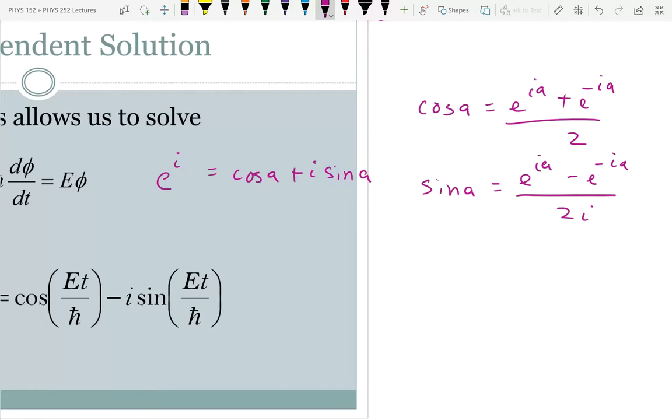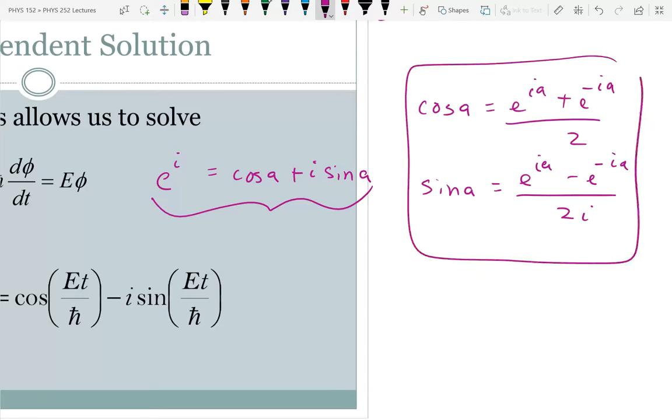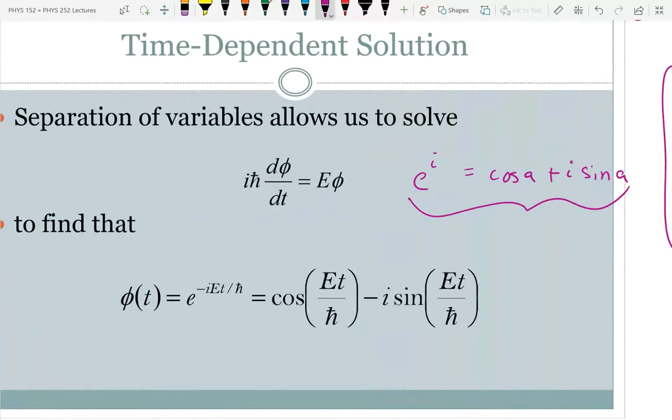Okay, but this is Euler's relation, and if you use Euler's relation in these two definitions, you'll see, oh yes, they are indeed the same. So notice negative sign here, no negative signs here.